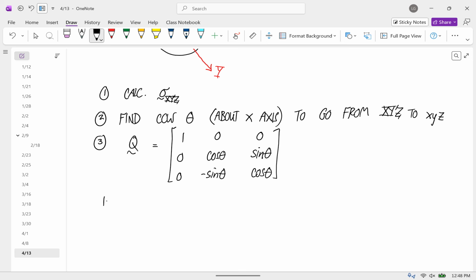And then the stress tensor we want is Q times our temporary stress tensor times Q transpose.